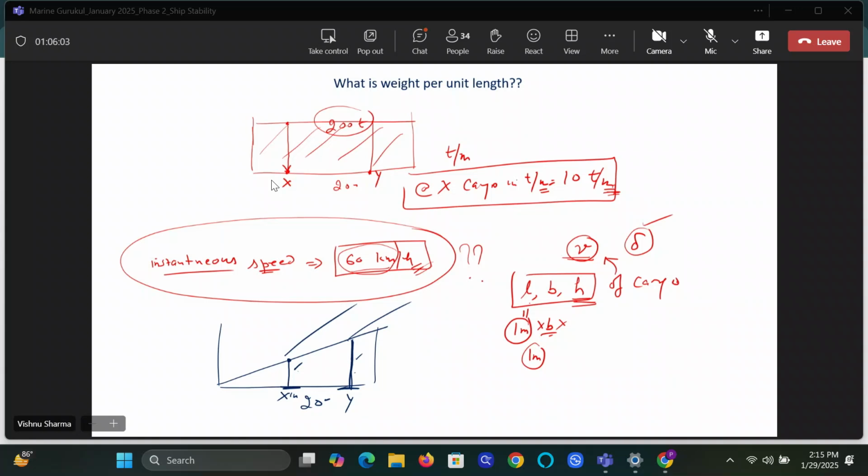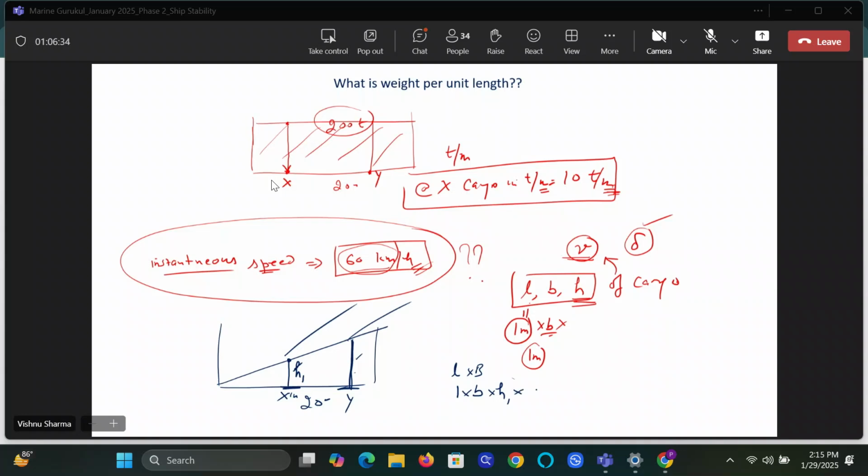Yes, sir. Okay. So what will be the weight of the cargo in tons per meter at X? Suppose the height of the cargo at X is H1. Then what will be the volume over 1 meter if the same height continues? The volume will be 1 meter length multiplied by the breadth of the hold multiplied by the height at X. This will be the volume.